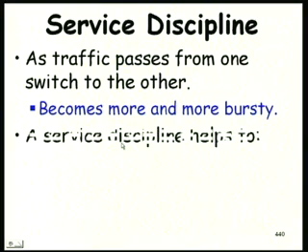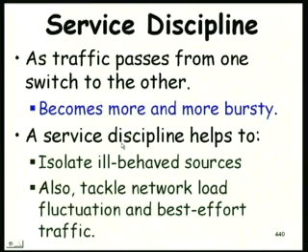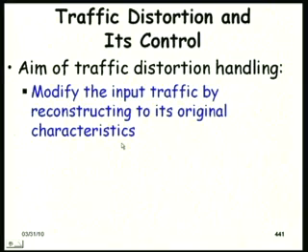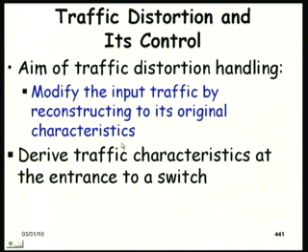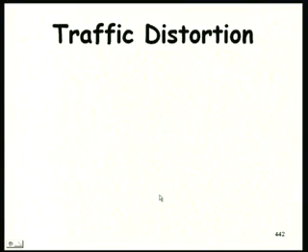As the traffic passes from one switch to another, it becomes more and more bursty, and the service discipline helps to tackle this. So, one responsibility of the service discipline is distortion control in the traffic characteristics. The service discipline will reconstruct the traffic to its original characteristic at every switch.